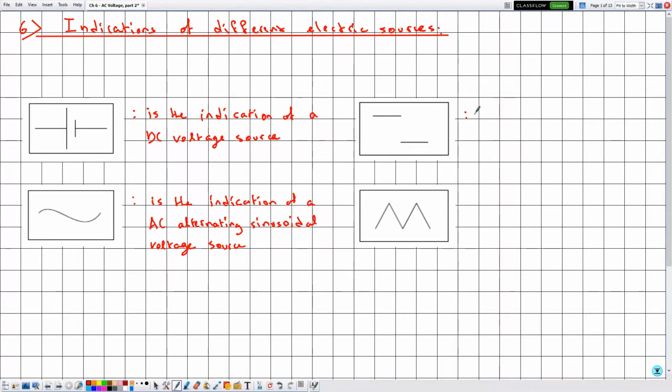So let me say the indication of an AC alternating square voltage source.